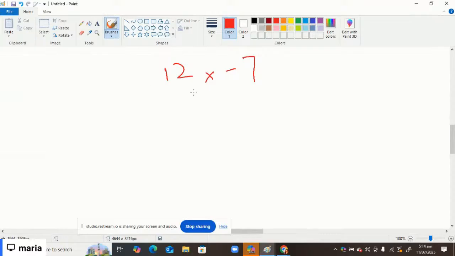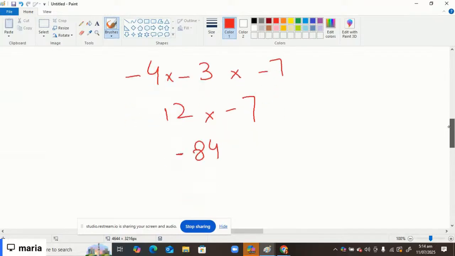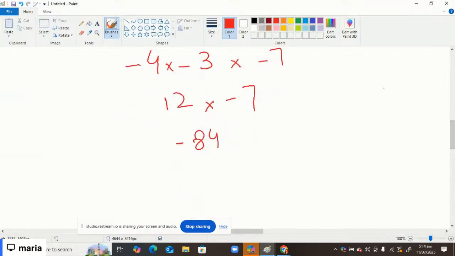Now 12 times 7 is 84, and the minus sign as it is. Okay, so we are going to check this minus sign as well. In multiplication, signs are also multiplied. If there are two negative signs, you put plus. But in addition or subtraction, you check which number is greater, and then you put that number's sign.